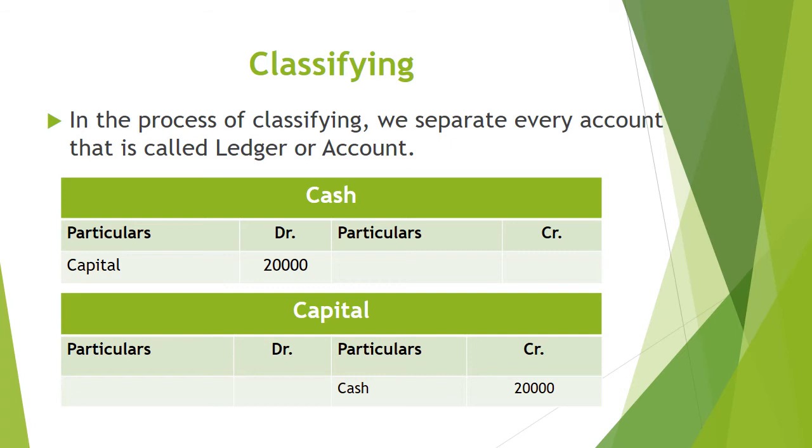And cash was debit in the entry in the previous slide, so cash will be debited 20,000 and the credit account was capital, so capital will be written in the particular column. And the second ledger is the capital ledger, capital account, and capital was credit, so we have recorded it on the credit side of the ledger. And why was it credit? Because of cash, so cash will be written in the particular column.